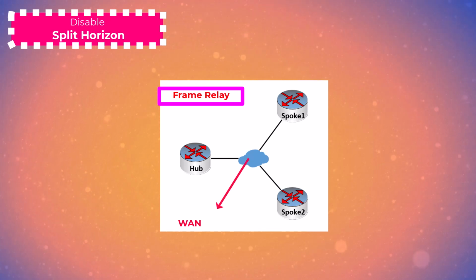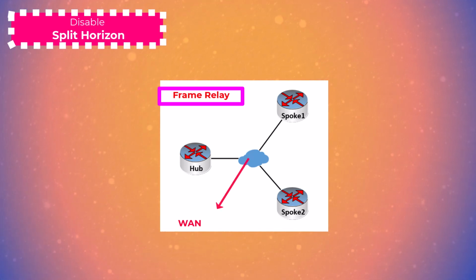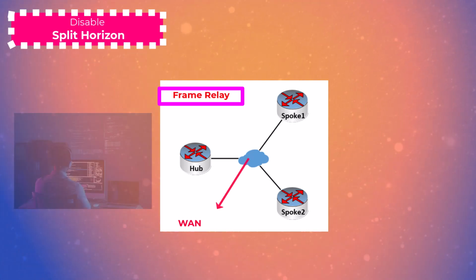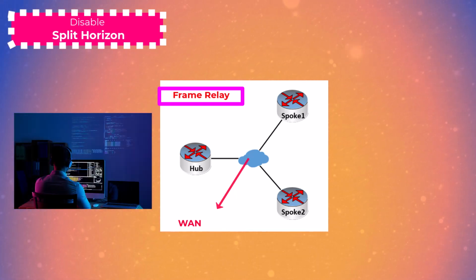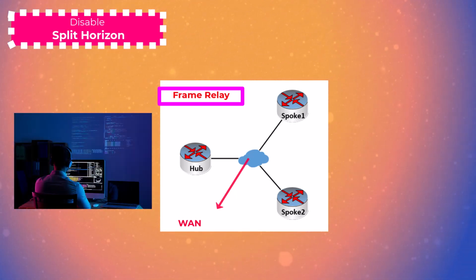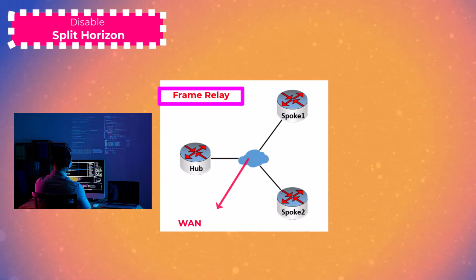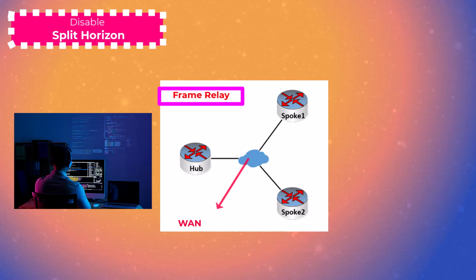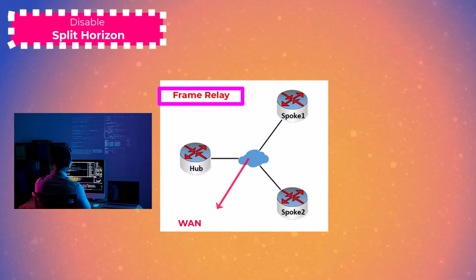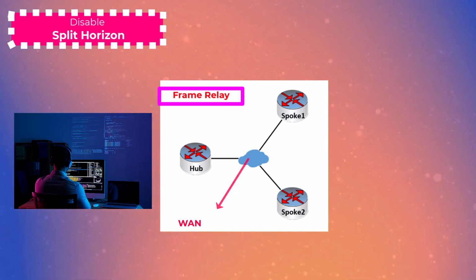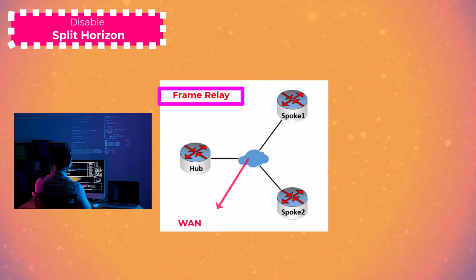When should split horizon be disabled? There are some use cases for EIGRP where administrators should disable split horizon. However, because of the risk of routing loops, administrators should only disable split horizon if absolutely necessary.